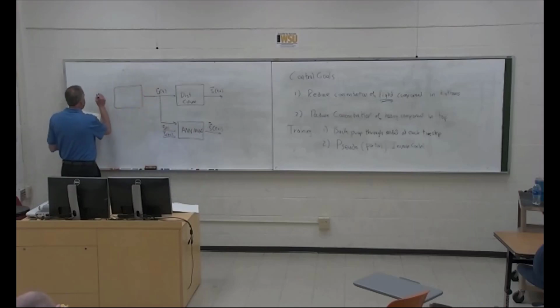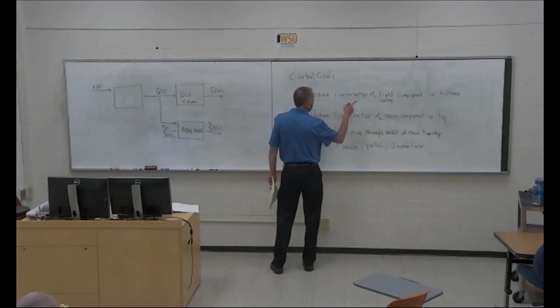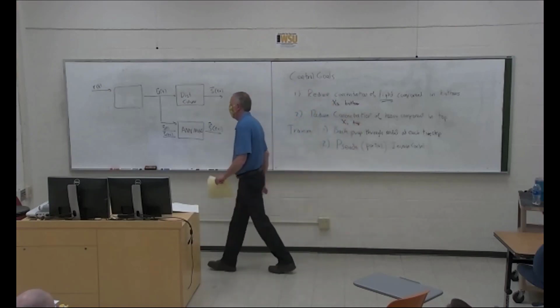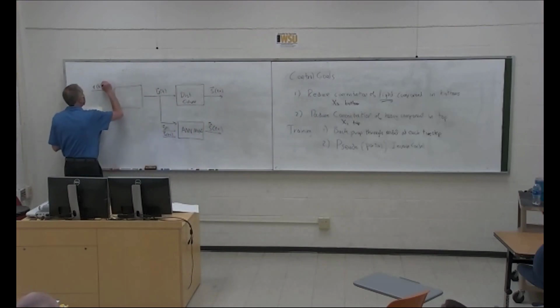It's going to take some kind of reference input, which is what we defined over here. Our reference input is the light component, which is x3 at the bottom, and the heavy component at the top, x1. Those are the only variables we're going to reference here.